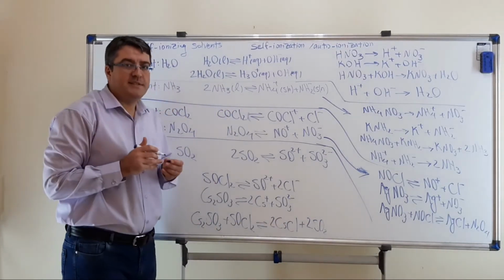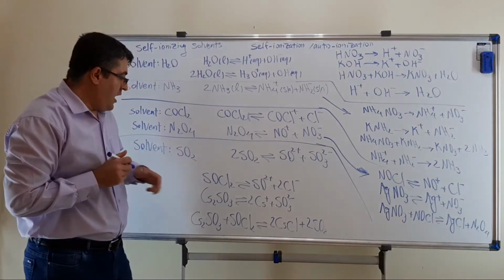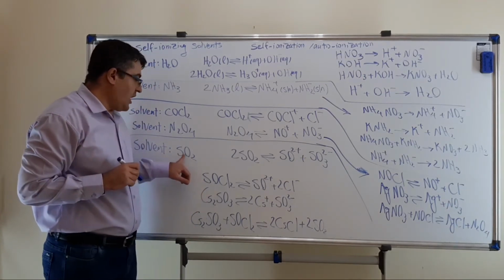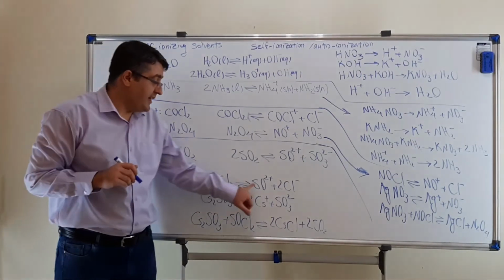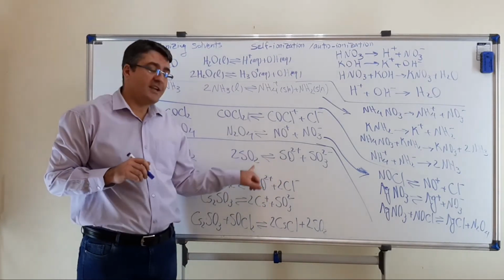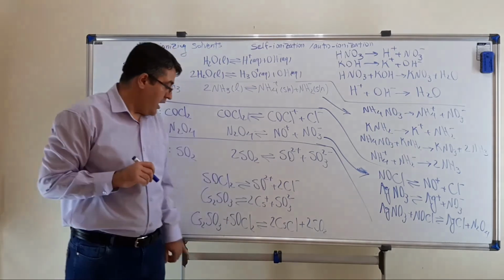Based on solvent system acid-base theory, thionyl chloride is an acid in the solvent SO2 because it increases the concentration of SO2 2+, the characteristic cation of the solvent.